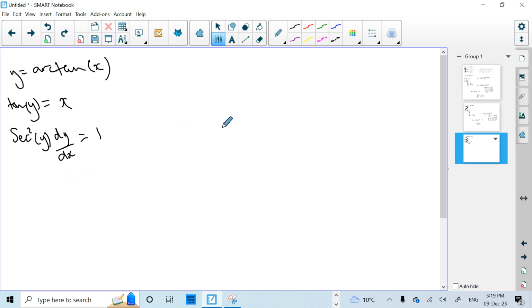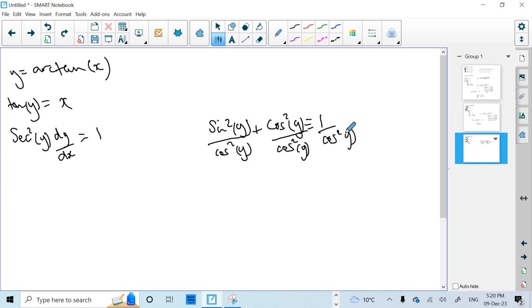Now, I use the identity I've been using before: sine squared y plus cos squared y is identically equal to 1. If I divide everything by cos squared y, that gives me tan squared y plus 1 is identically equal to sec squared y.